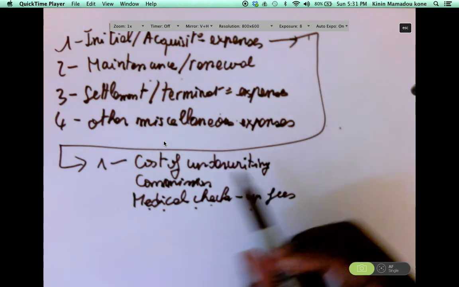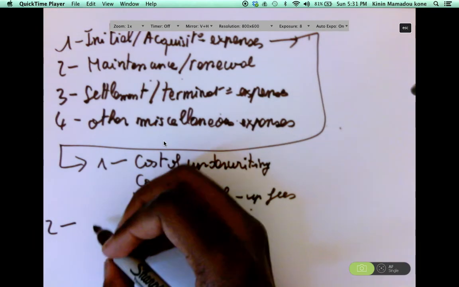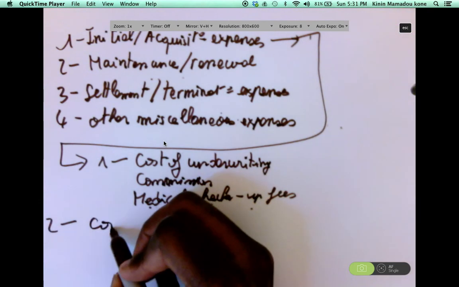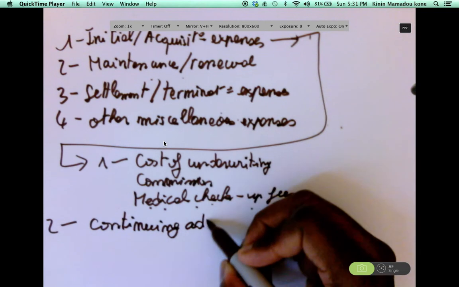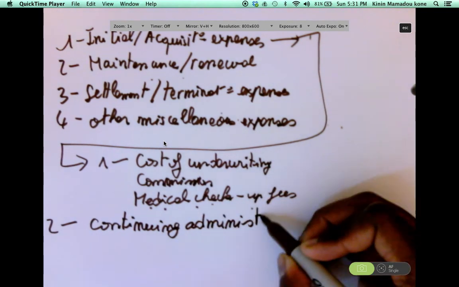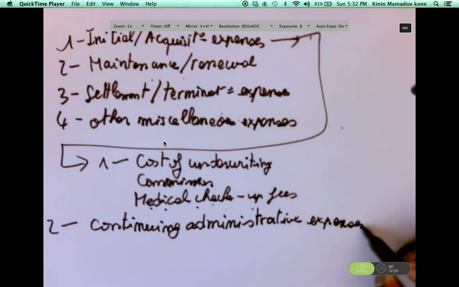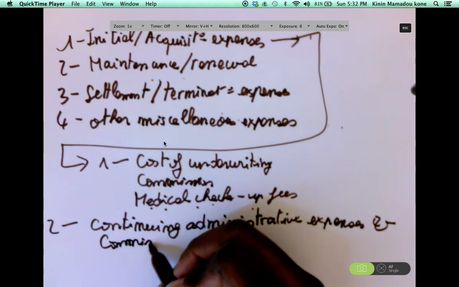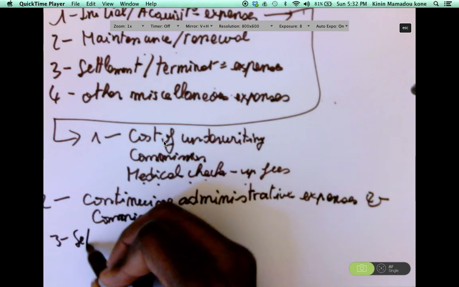And two, maintenance expense. It's continuing administrative expenses and commission. And three, settlement expenses or termination expenses.